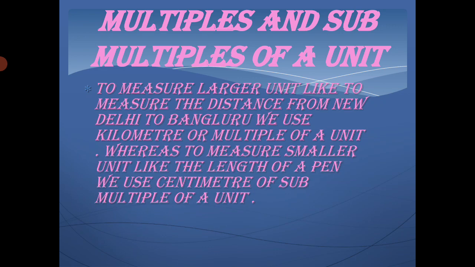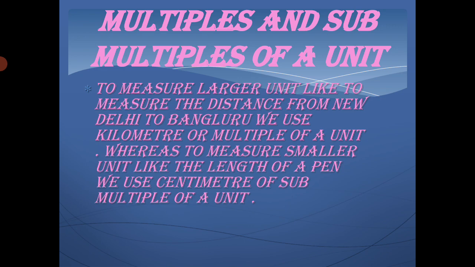For example, to measure the distance between two cities like New Delhi and Bangalore, the unit meter is inconvenient because it is too small. Thus, we need a larger unit, that is called kilometer, or a multiple of a unit. And similarly, to measure smaller quantities like the length of a pen, we cannot use meter. We need a smaller unit, that is called centimeter, or a submultiple of a unit.